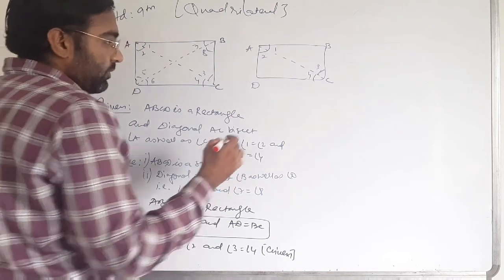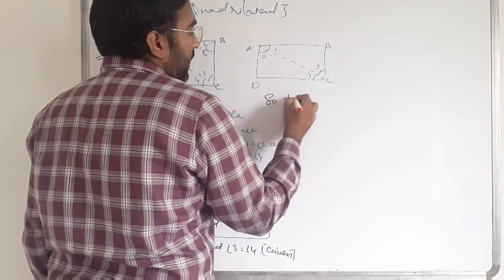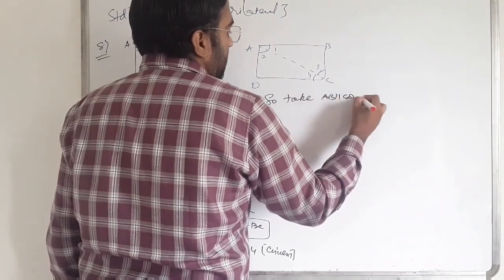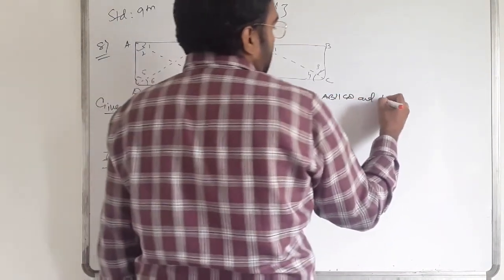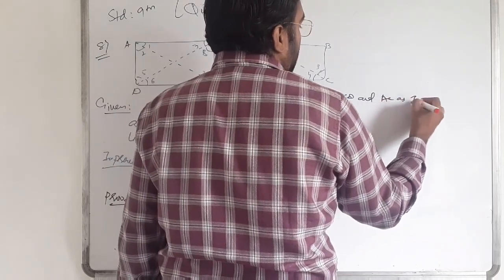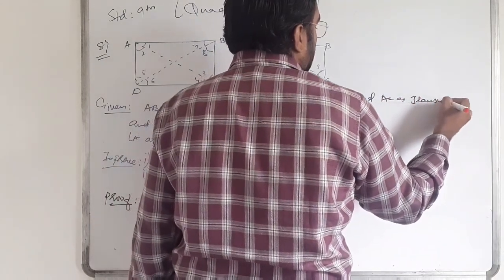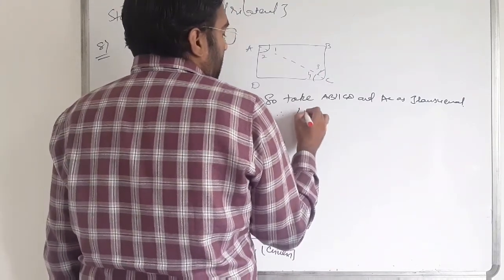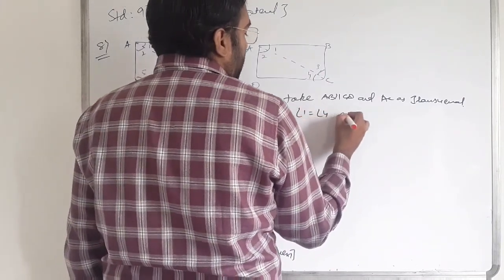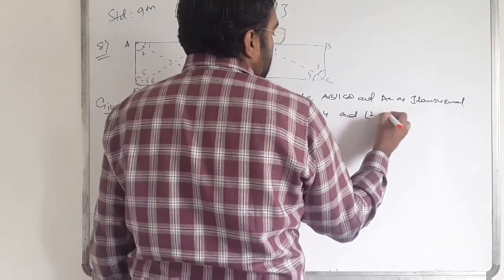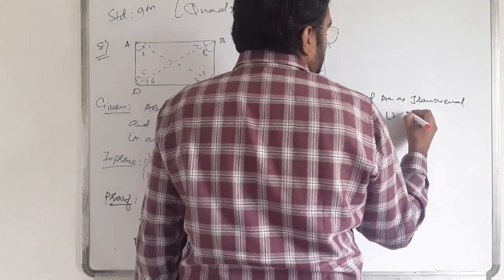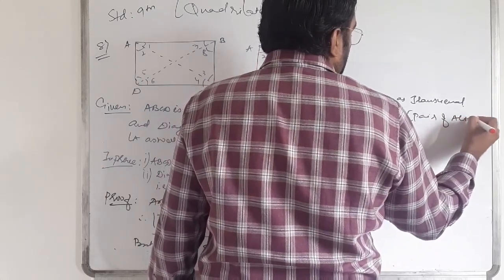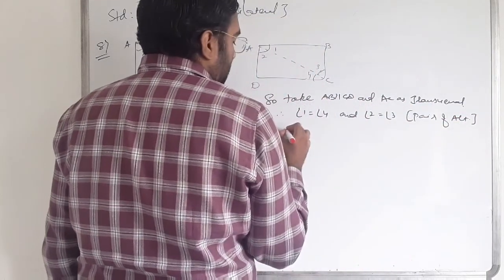Take AB parallel to CD and AC as transversal. Therefore angle 1 is equal to angle 4 and angle 2 is equal to angle 3, that are the pair of alternate angles.